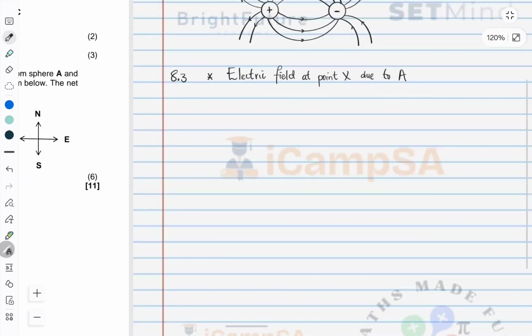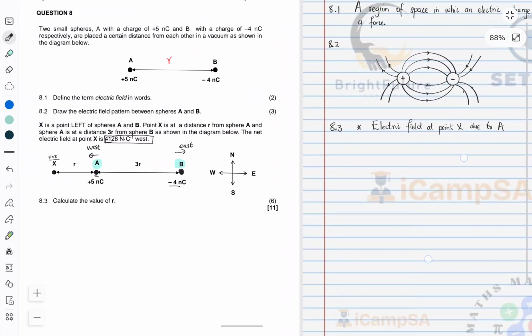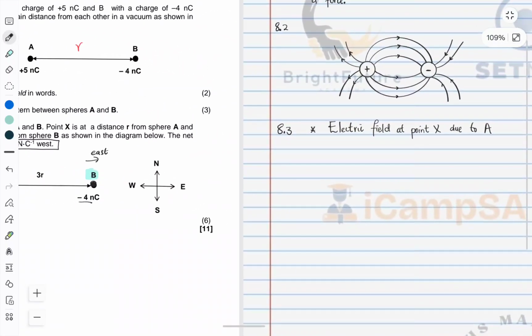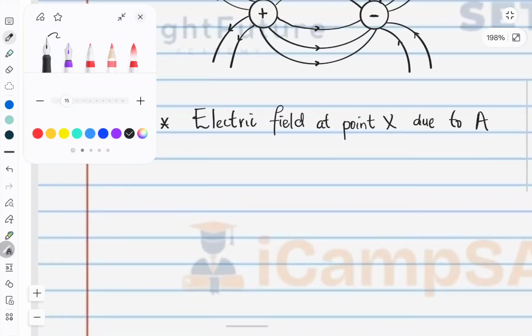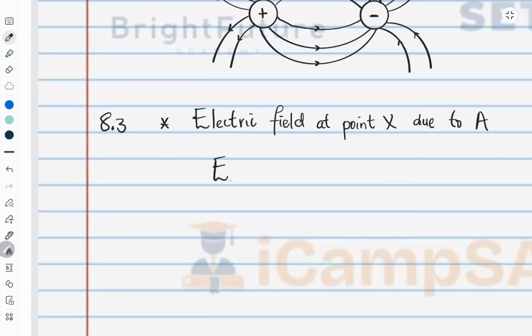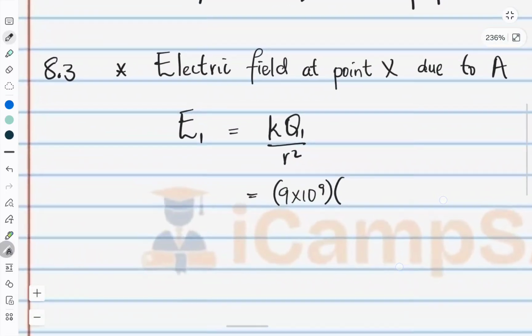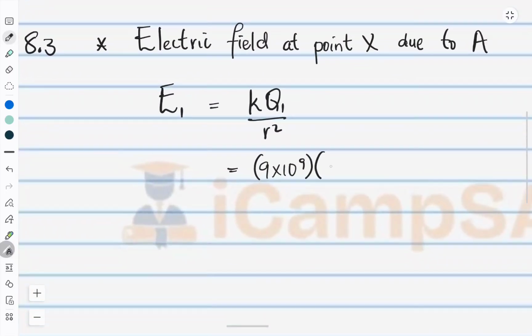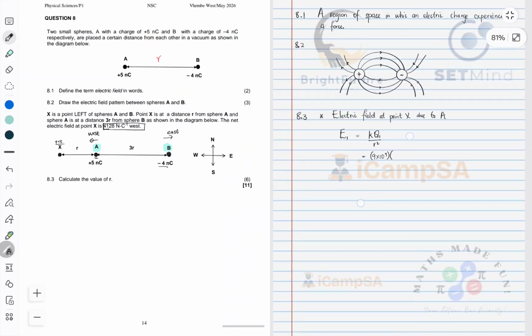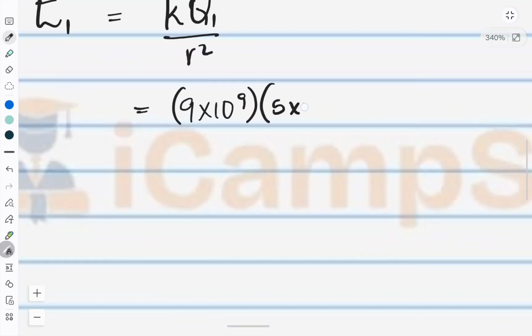Let's go through it. So let's start with the electric field at point X due to A. Okay, we know that it's equal to E, let's call it E1, which is kQ1 over r squared, right? That is 9 times 10 to the power 9 times Q1, which we're told is 5 nanocoulombs, I believe. That's 5 times 10 to the power minus 9, over r squared.